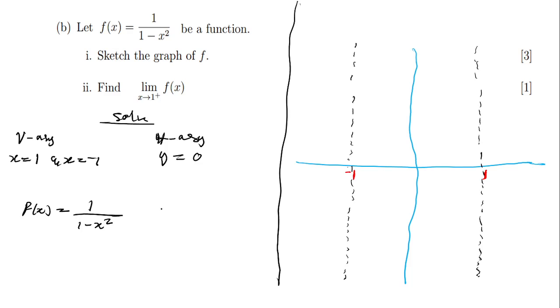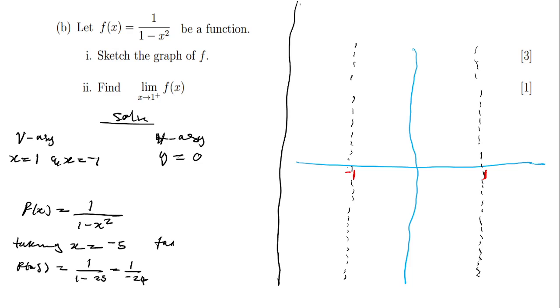Taking x is equal to -5, f of -5 is 1 over 1 minus (-5) squared, which is 25, and this gives you 1 over -24.